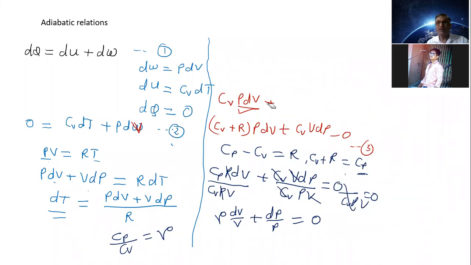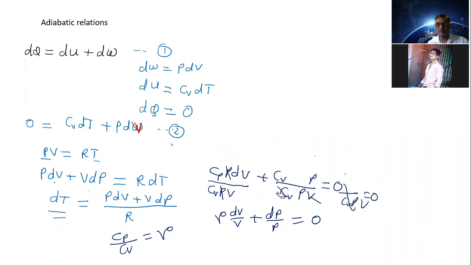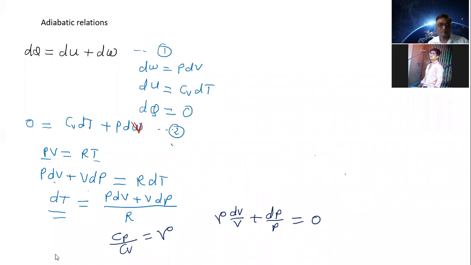Now we can rearrange this equation for our convenience. That is, we write here dP upon P plus gamma into dV upon V is equal to 0. Now integrate this equation.